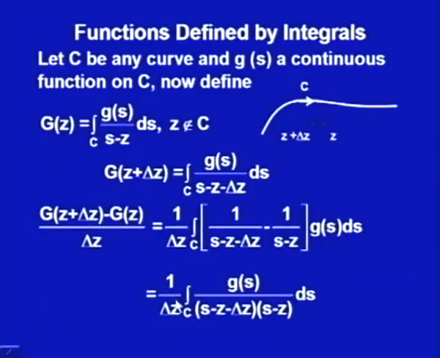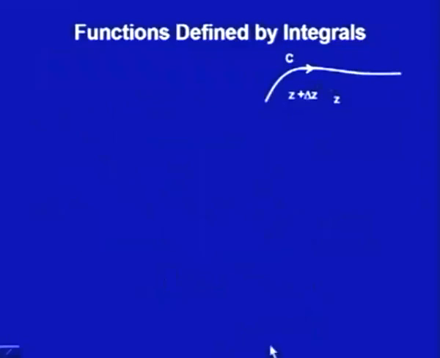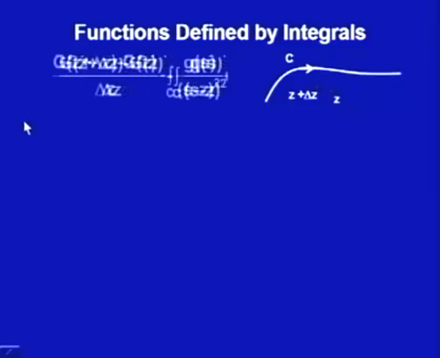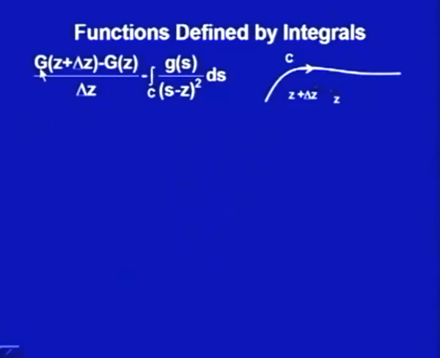So, we would get 1 upon delta z, g(s), delta z upon (s minus z minus delta z) into (s minus z). So, that delta z and delta z would cancel out, and I would get that (G(z plus delta z) minus G(z)) upon delta z minus integral C of g(s) upon (s minus z) square ds.